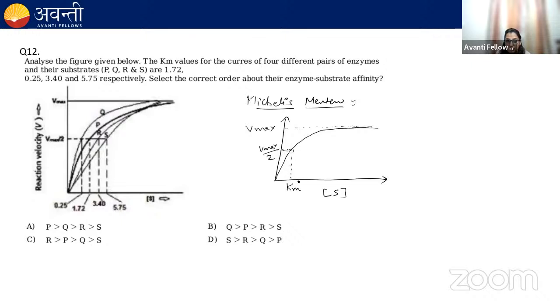So Km shows the concentration of the substrate where the reaction velocity reaches half its maximum velocity. We denote it by Vmax by 2. And remember one important point. Lower the Km, it means the enzyme has the greatest affinity for the substrate.